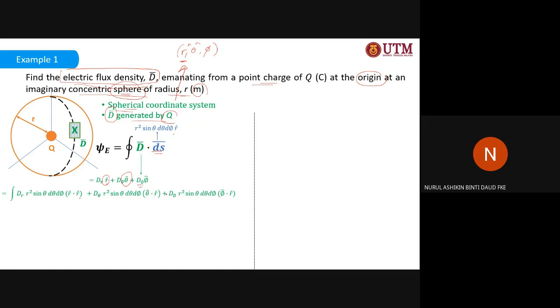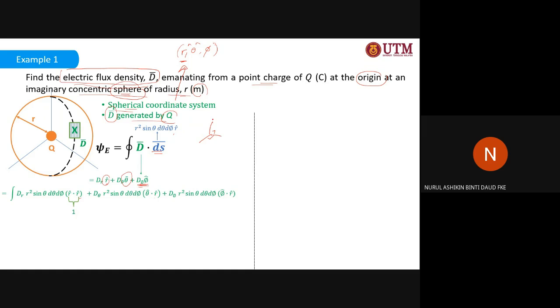And the same goes for the third term. It will be phi direction times r direction. Now if we look here, r direction times r direction is equal to 1. Why? In an orthogonal coordinate system, if you still remember, all the axes are at 90 degrees.